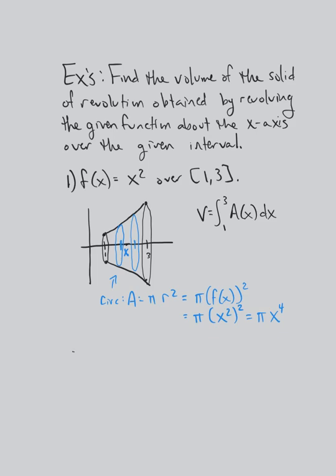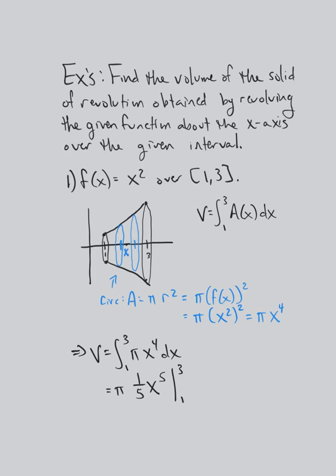All right. So anyway, now we're ready to solve this problem. The volume is the integral from 1 to 3 of pi times x to the fourth dx. All right, like that. And the pi can come out if you want it to. Then we're finding the antiderivative of x to the fourth, which would be x to the fifth with a 1/5 out front. And then this is from 1 to 3.